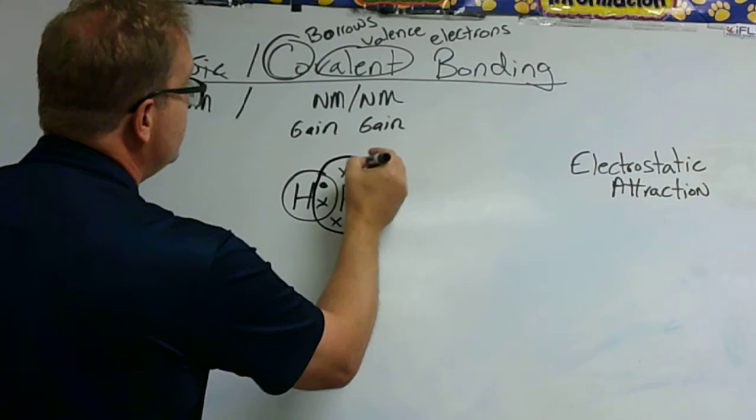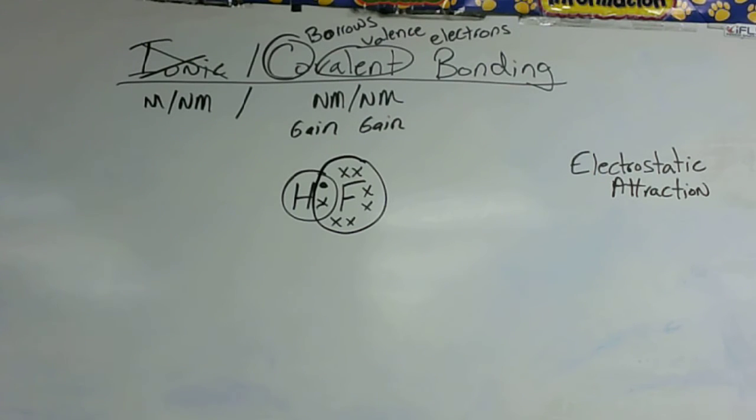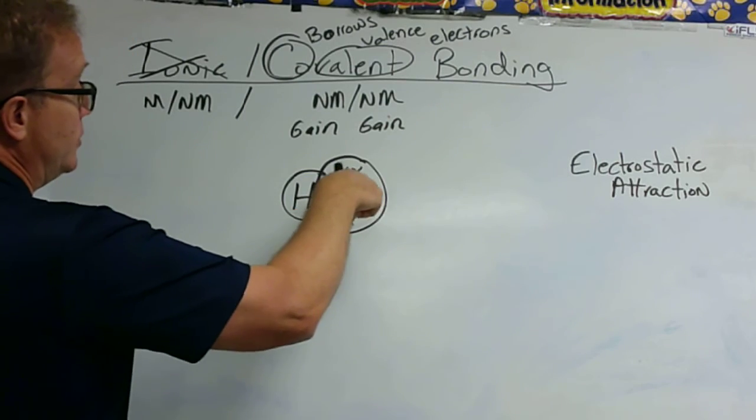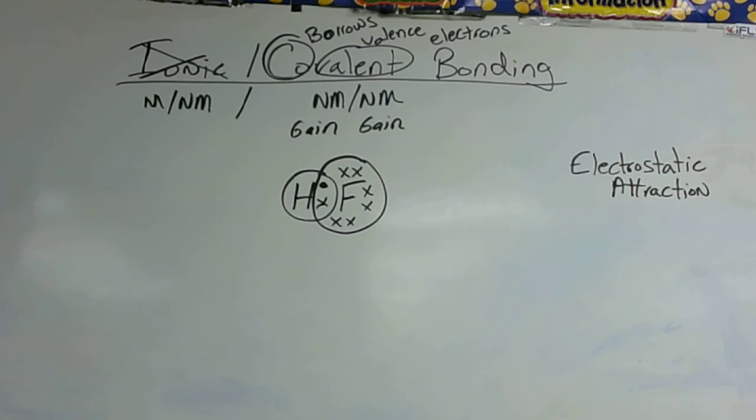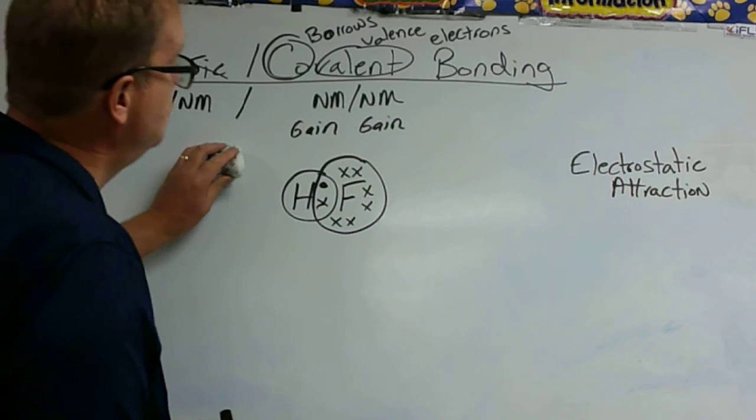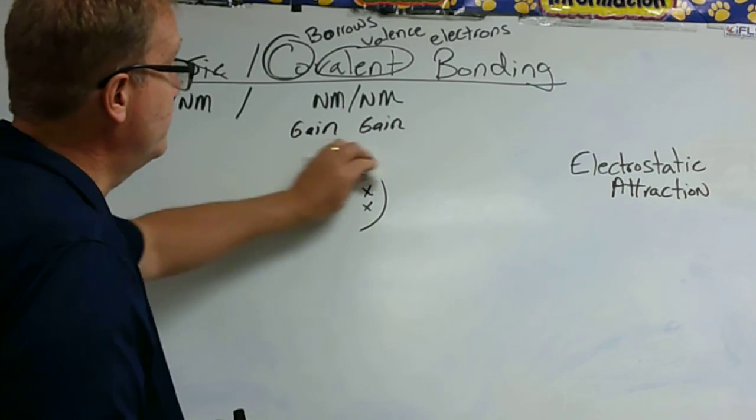This one will gain, or co-own, the 1 electron from hydrogen. Again, we're following the octet rule for this one. This one doesn't really adhere to the octet rule because, again, it's not big enough to have that many electrons. And the formula for that would be HF.